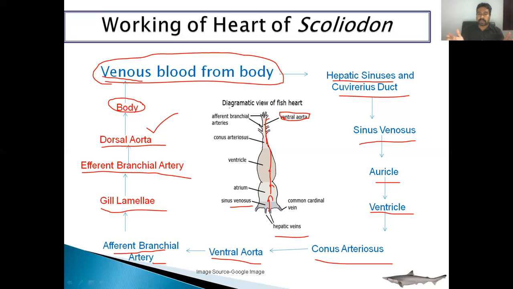In this heart, there is rhythmic contraction and relaxation, that is, systole and diastole. By this process, the blood is pumped from the heart to the gills for the purpose of aeration. So in the case of Scoliodon, the heart pumps the blood to the gills for aeration with the help of the ventral aorta.